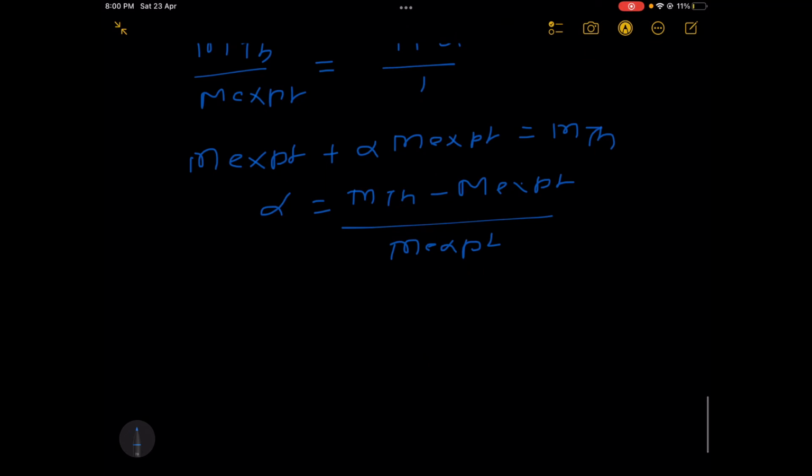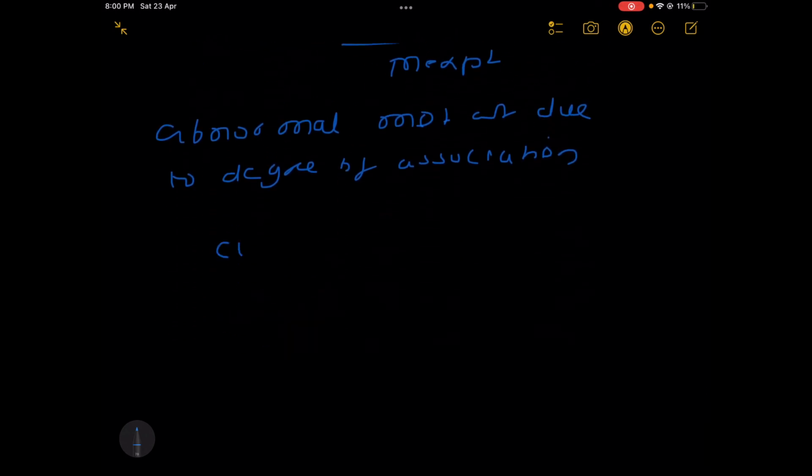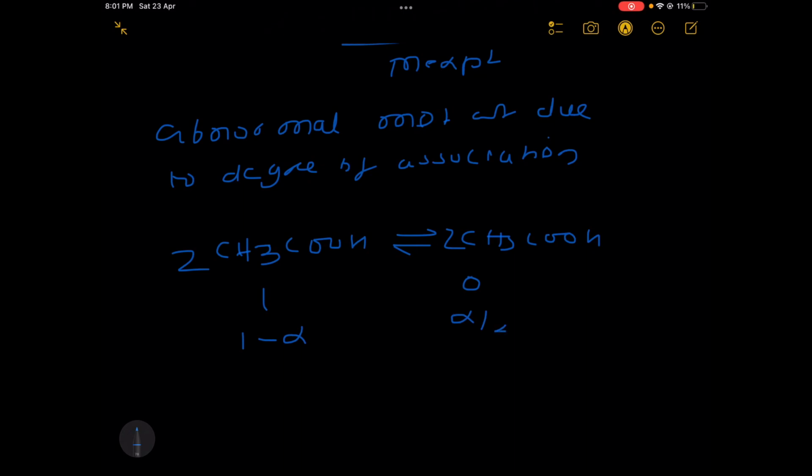Similarly, abnormal molecular weight due to degree of association. Take CH3COOH, two molecules, which form a dimerized compound, (CH3COOH) twice. The moles are 1, 0 initially and 1 minus alpha and alpha by 2 at equilibrium.